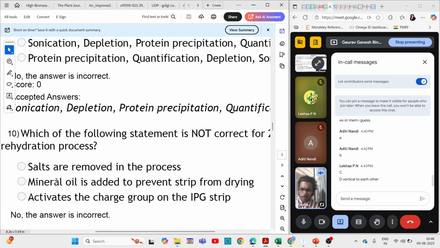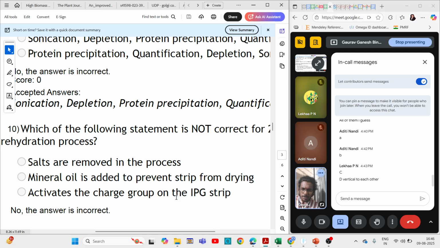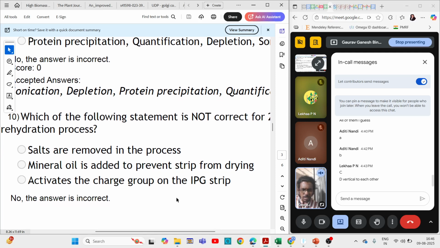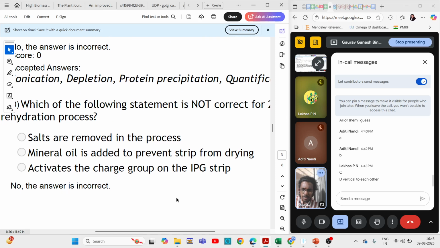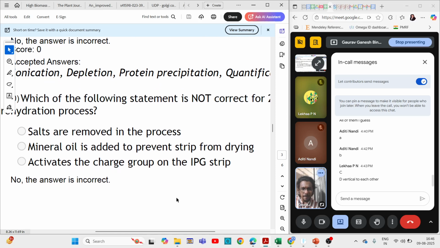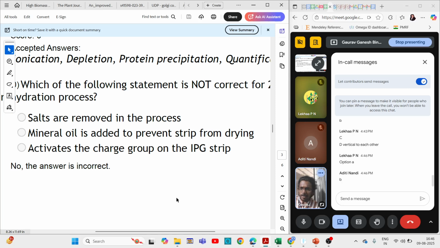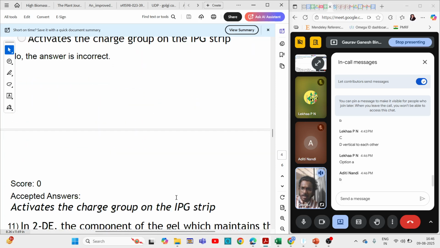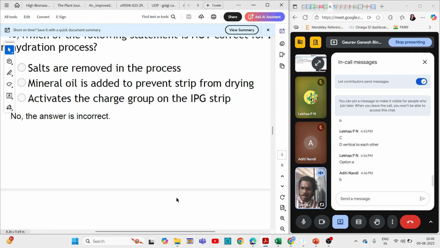Salts are removed in this process, mineral oil is added to prevent strips from drying, activates the charge group on IPG strips. This is easier to answer, I think. Yeah. Are you all there, Lekha? Yeah, option A is something which is not correct.